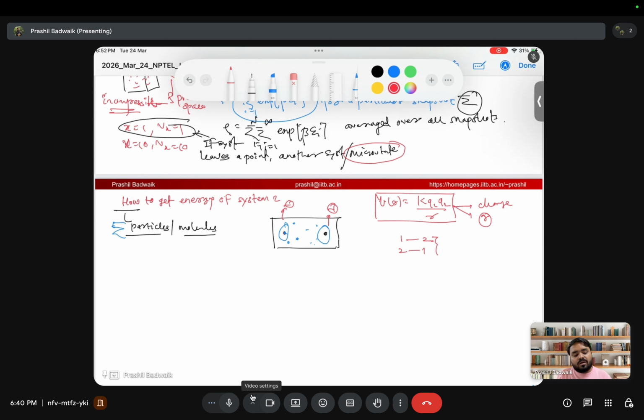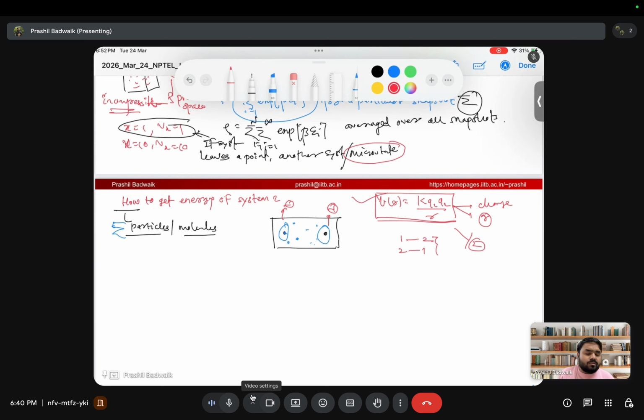We just need to divide by 2. Overall, you have to sum it over all the particles in the system to get the energy.